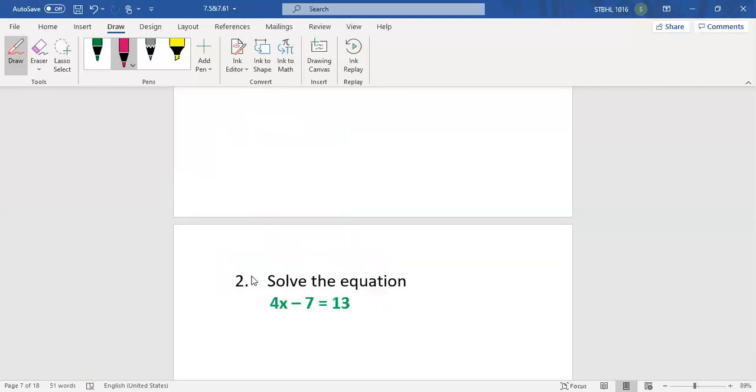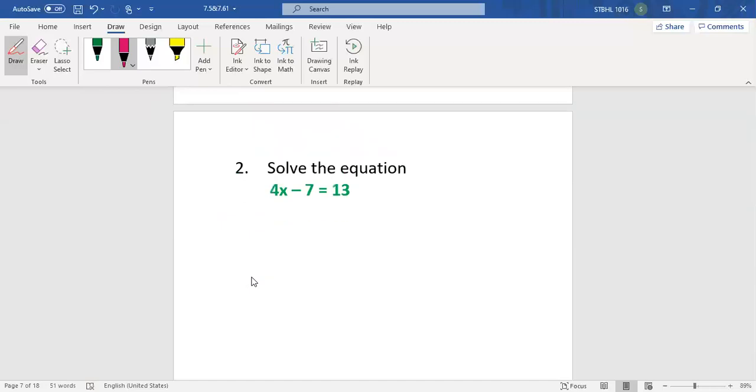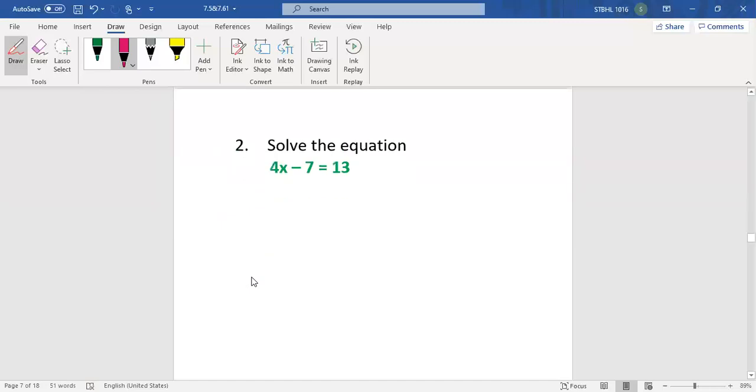Now, what about this? This is an equation. How can I solve it? By undoing the operation, right? We start with adding and subtracting, then remove multiplication and division. So we will cancel 7 to isolate the variable by undoing the operation. 4x equals 13 minus 7, which is 6.